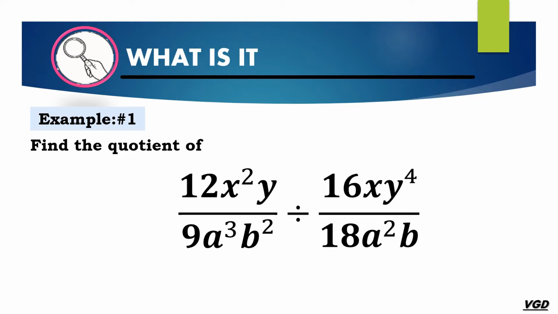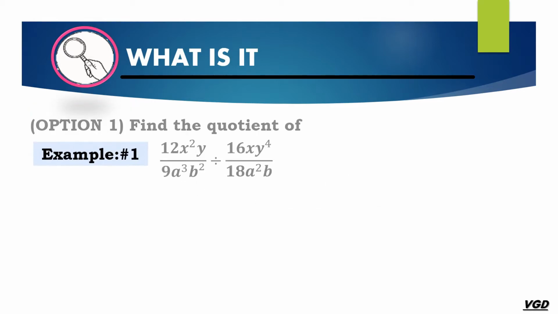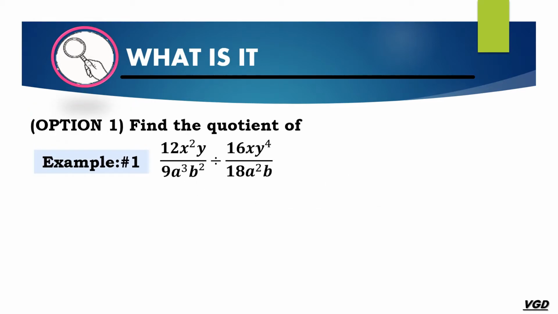Let's take this example. Find the quotient of 12x squared y over 9a cubed b squared divided by 16xy to the power of 4 over 18a squared b. In dividing rational algebraic expressions, you have to remember the steps in dividing a fraction.